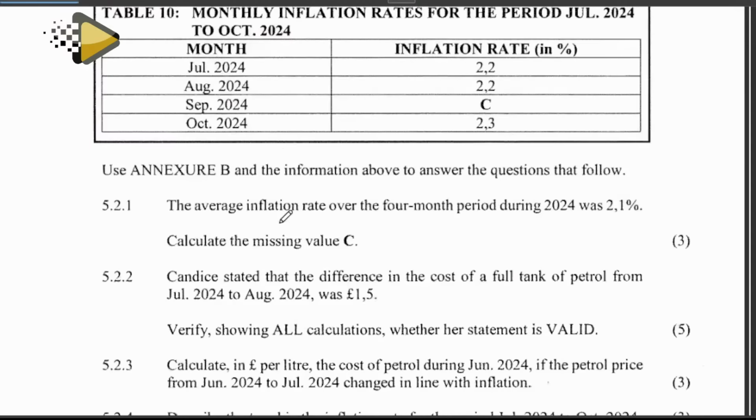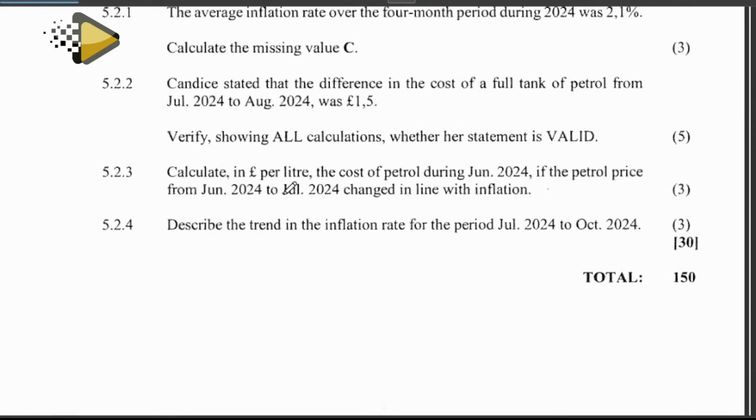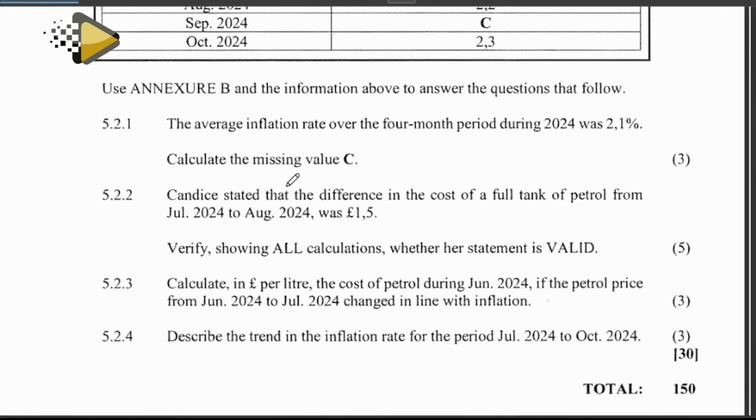Let's look at that. Use Annexure B and the information above to answer the questions that follow. The average inflation rate over the 4-month period during 2024 was 2.1.